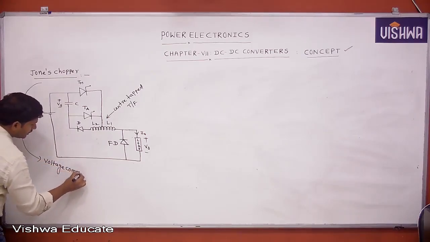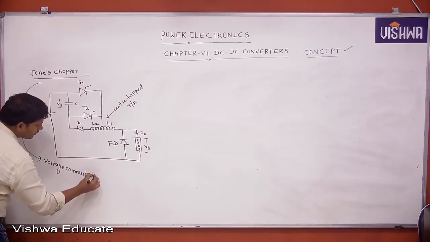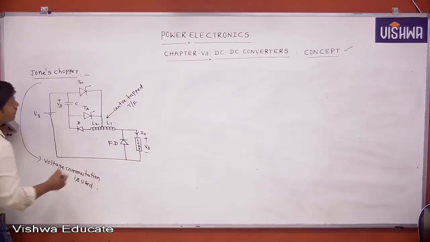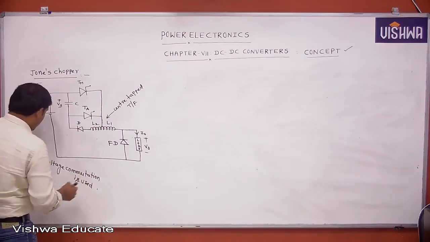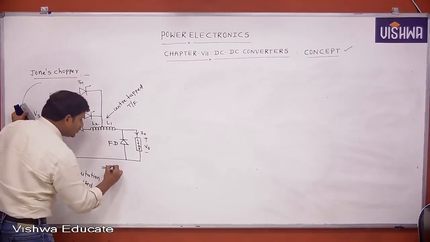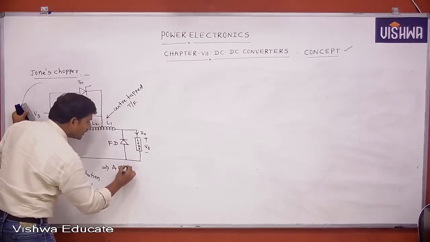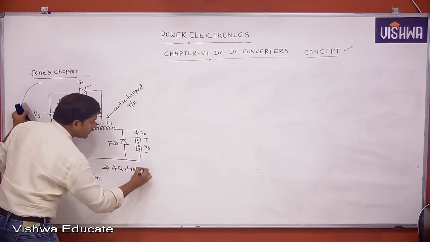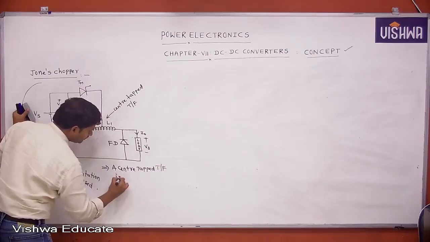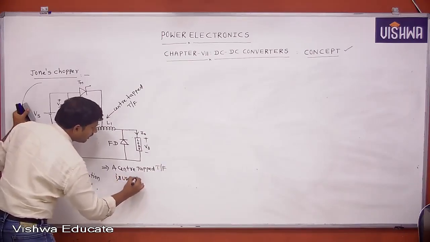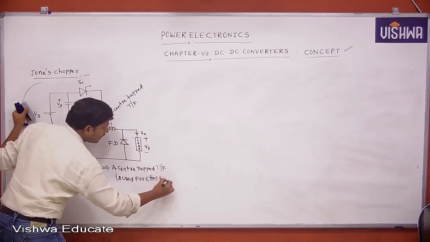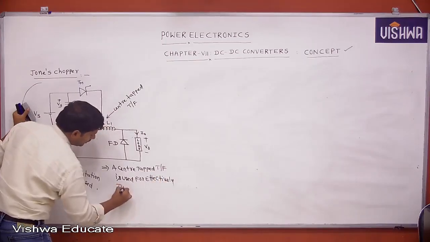In the Jones chopper, instead of an inductor, a center tapped transformer is used for effective turn off of the thyristor.